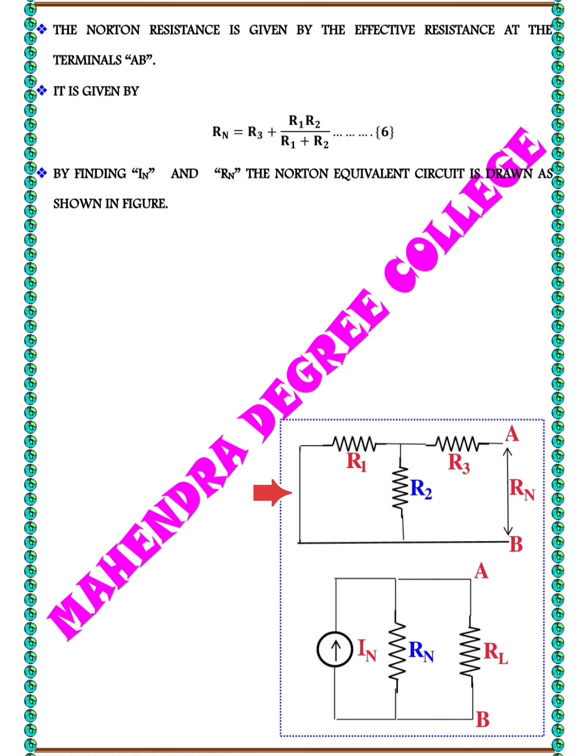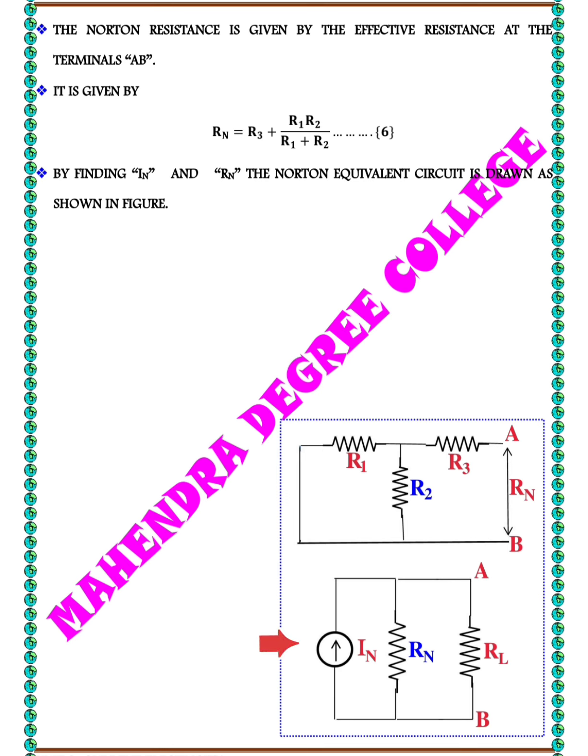This involves temporarily setting all independent voltage sources to 0, short circuiting them, and all independent current sources to 0, open circuiting them. The resulting resistance between the two terminals is called Norton's resistance.